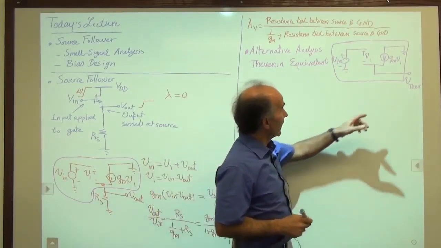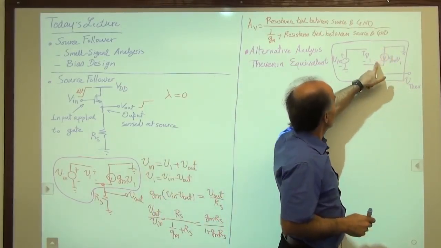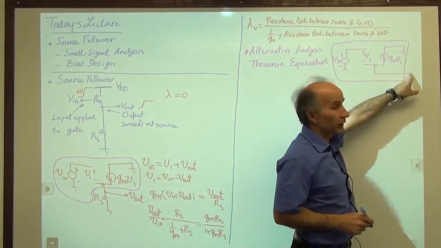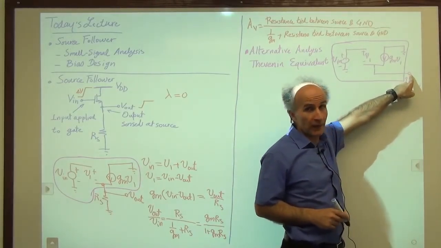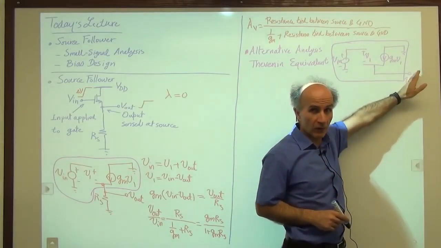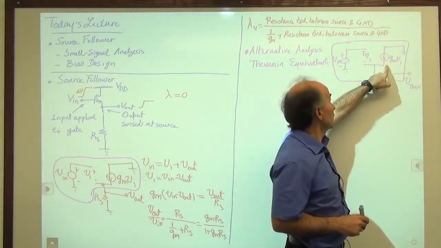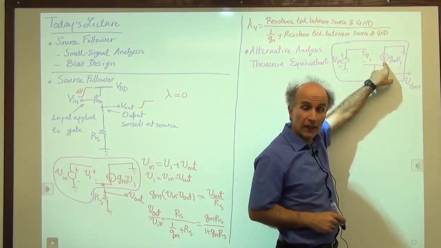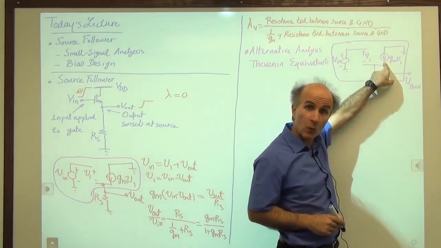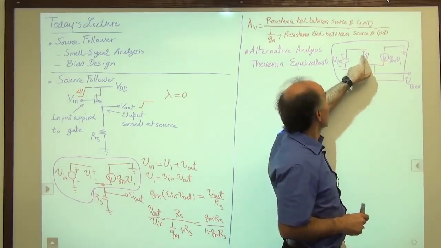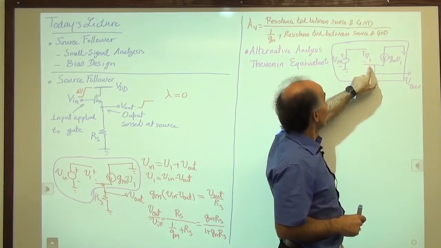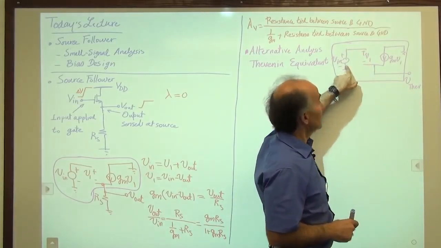Okay, how much is V Thevenin? Well, what we see is that gm V1 has nowhere to go, right? Because that's what Thevenin said. You have to disconnect this from the rest of the world, so there's no current going that way. If gm V1 has nowhere to go, gm V1 has to be 0. And that's only possible if V1 is 0. If V1 is 0, then how is V Thevenin related to Vn?